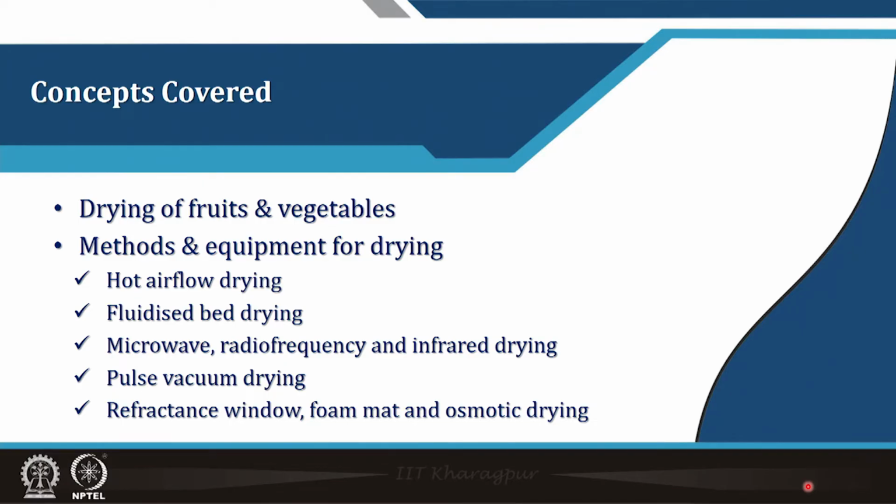We will discuss the concept of drying of fruits and vegetables, particularly what methods and equipment should be used for dehydration and drying of fruits and vegetables, because they have very heat sensitive components and bioactives, etc. So, the traditional methods of drying may not be very suitable as far as the quality of the product, or retention of bioactives and other micronutrients, is concerned.